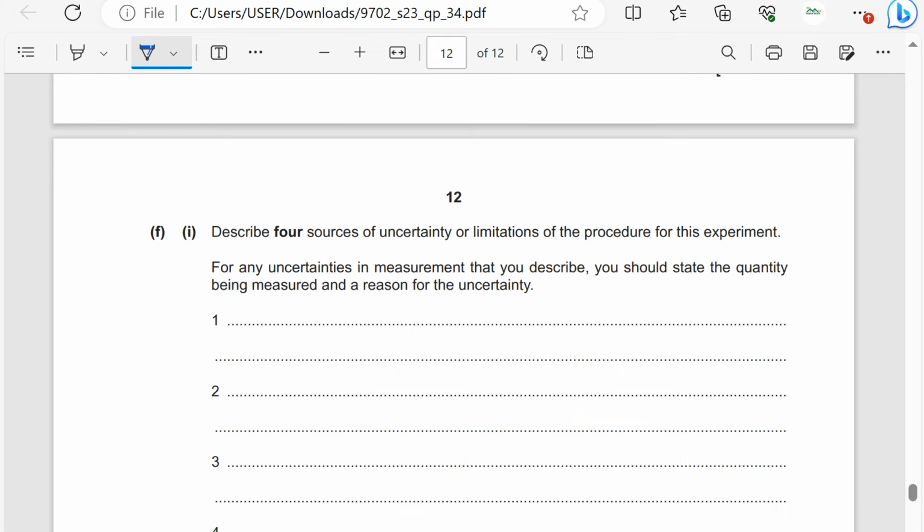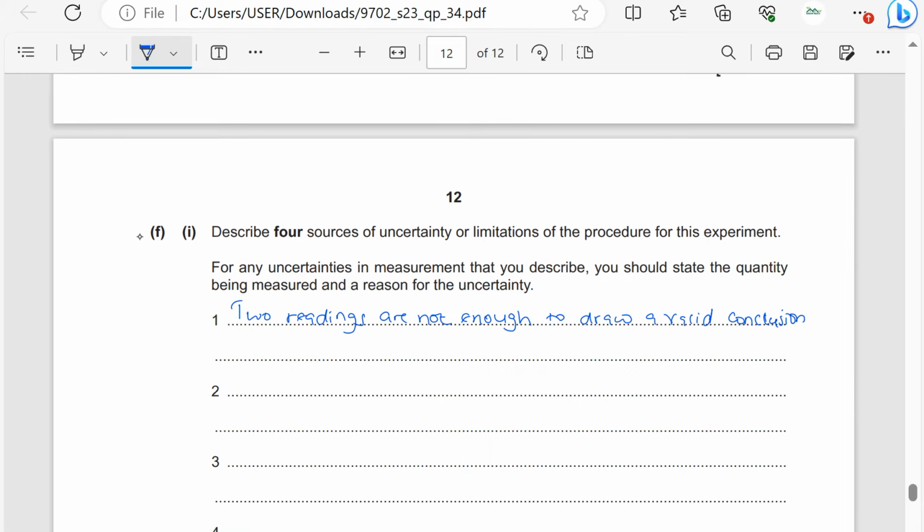We shall simply say 2 readings are not enough to draw a valid conclusion.